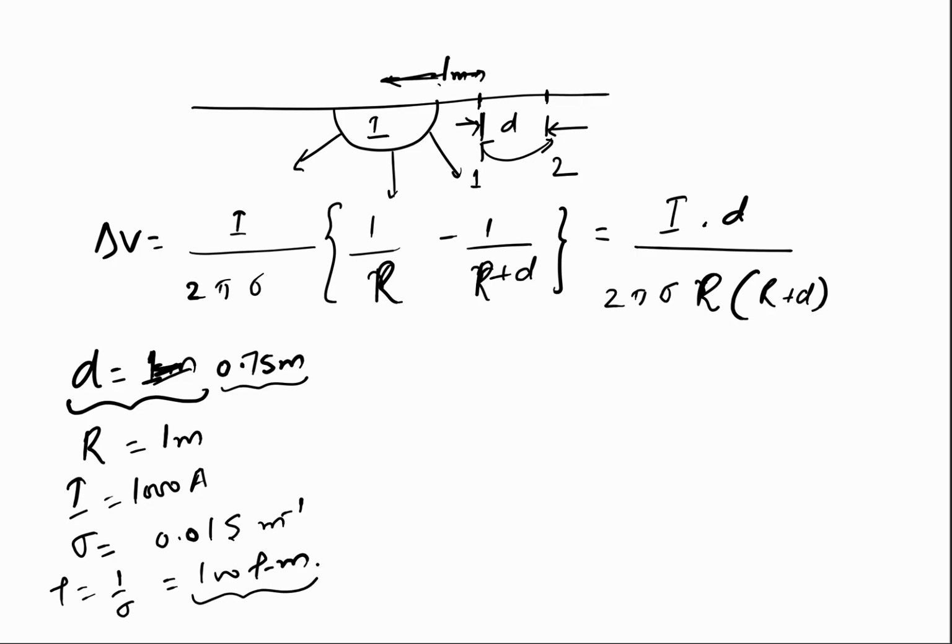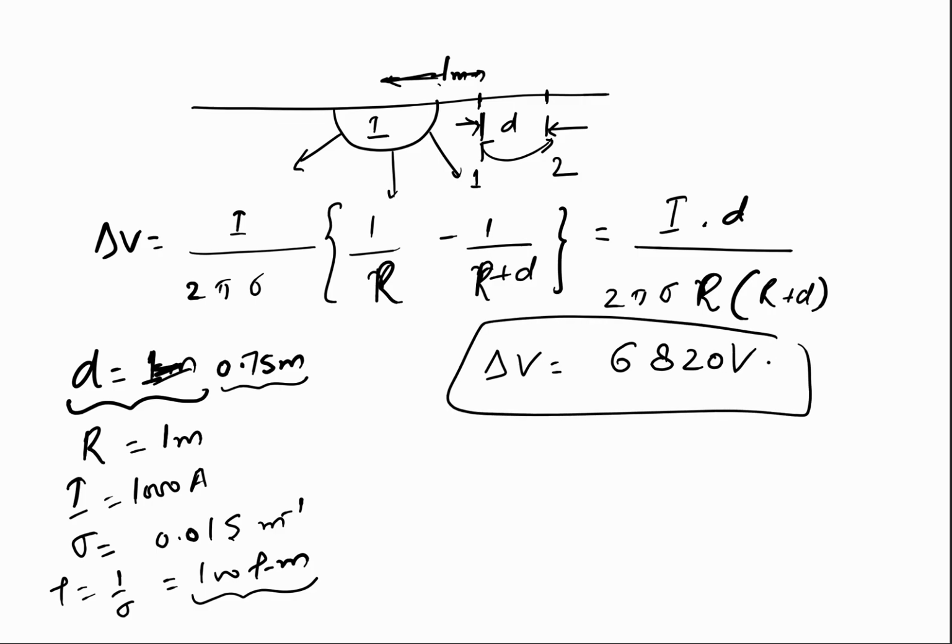Again, 100 ohm meter is a typical value which is found in normal soil. So this is not again a very artificial case. So putting all these values, delta V will come out to be 6800 volts. So this value is very large.